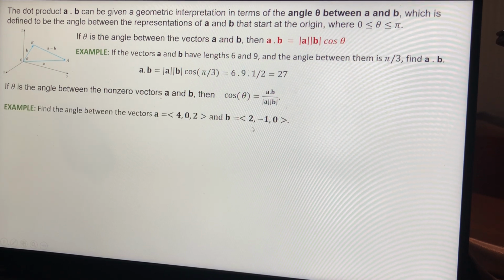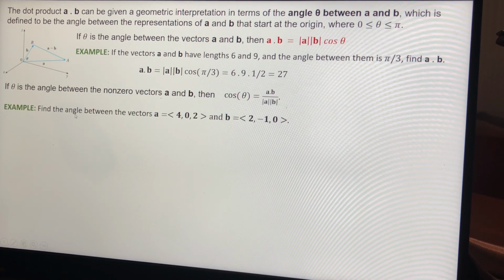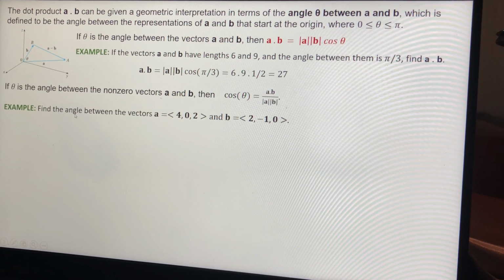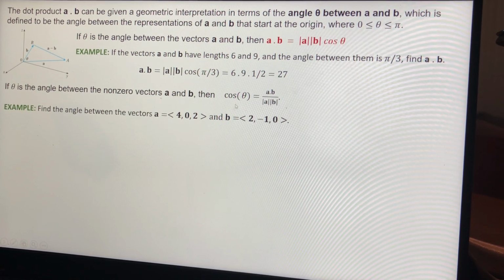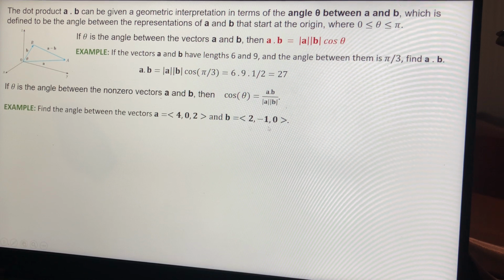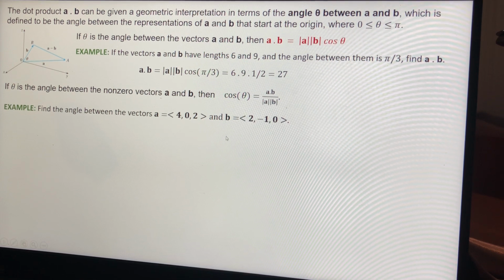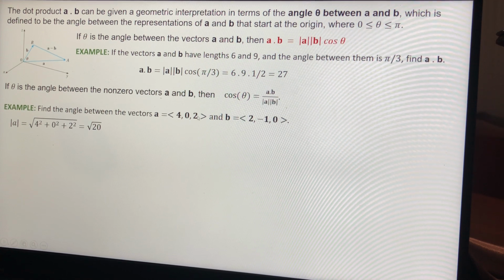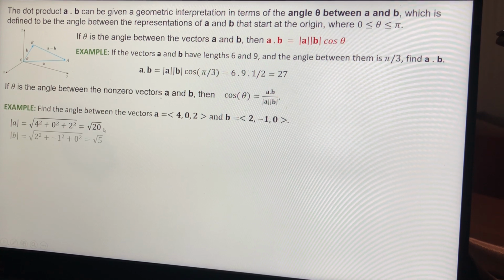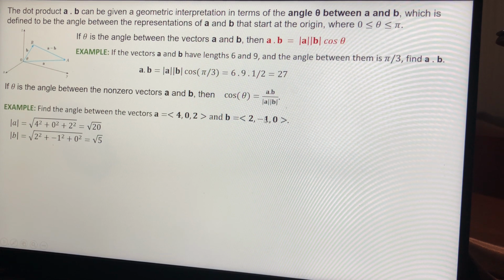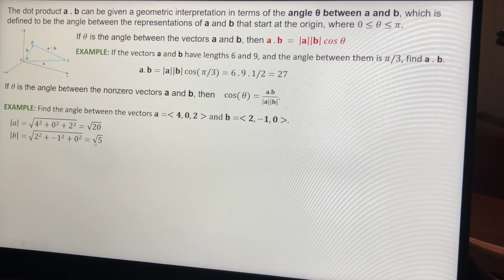Here you go, two vectors are given. The question is asking what is the angle between them. The answer is easy: take the dot product divided by the multiplication of their lengths. The length of A is the square root of 4 squared plus 0 squared plus 2 squared, which is square root of 20. The length of B is the square root of 2 squared plus minus 1 squared plus 0 squared, which is square root of 5.